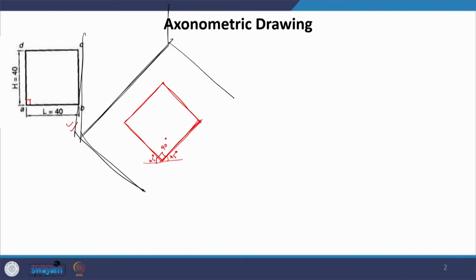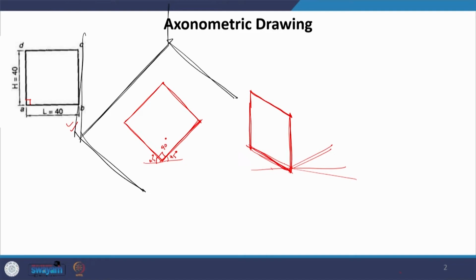If the square plane was perpendicular to both the planes, then for your reference you can draw these axes again. This is 45, 45 and 90. So, what we have here is 45, perpendicular, perpendicular, and the dimensions remain exactly the same.